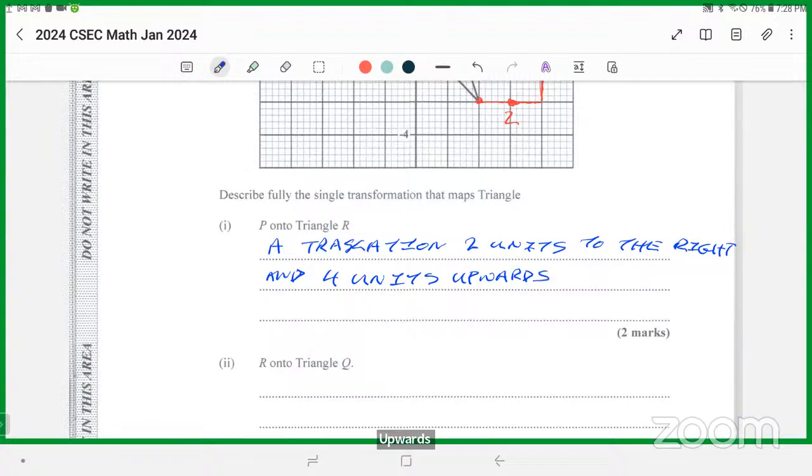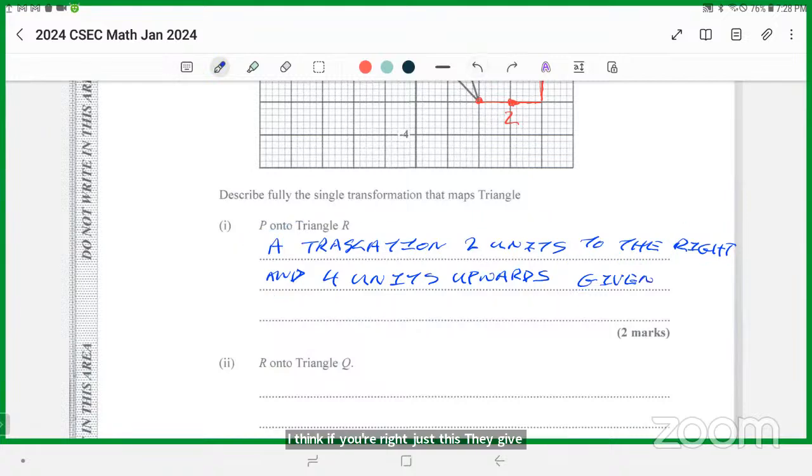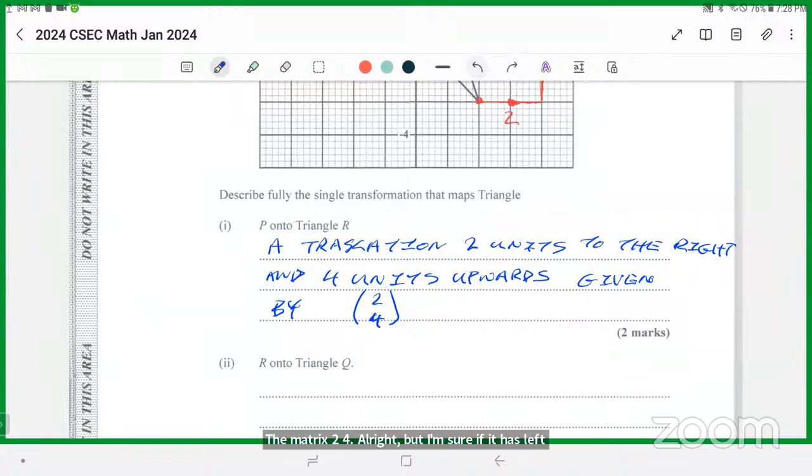Or instead of 4 units upwards, you could have said 4 units in the positive y direction. And we could also add the matrix and say given by. I think if you write just this, you give it the marks, but you can add to it and say given by the matrix 2, 4. All right, but I'm sure if you just left them with this, you'll give it the marks. I say it's a translation, I give the components.